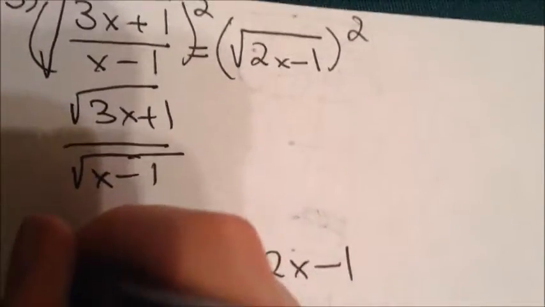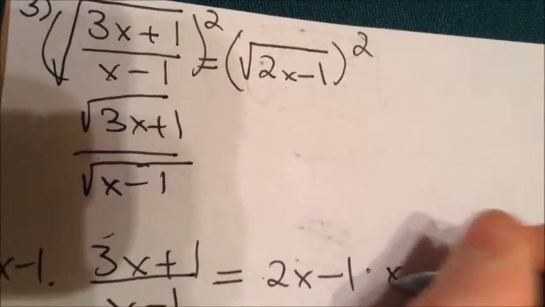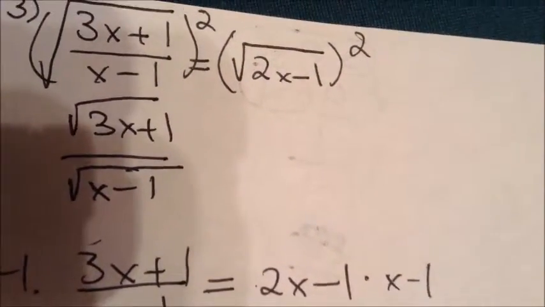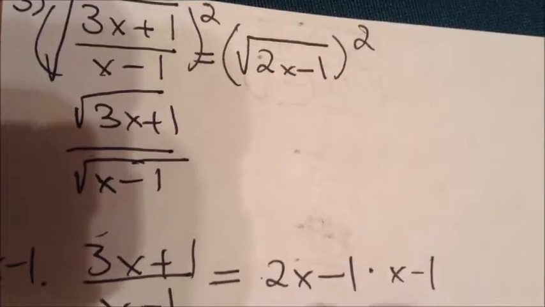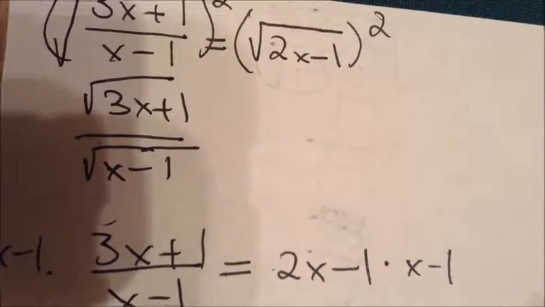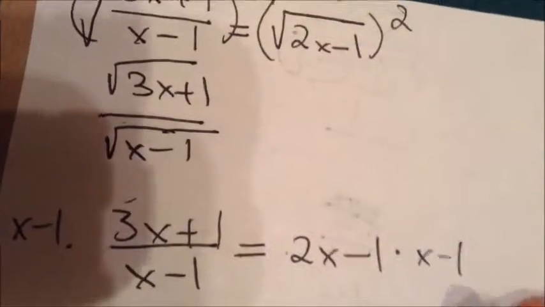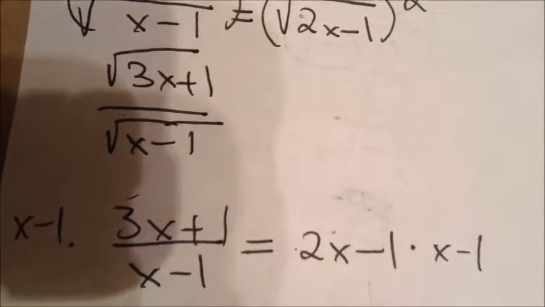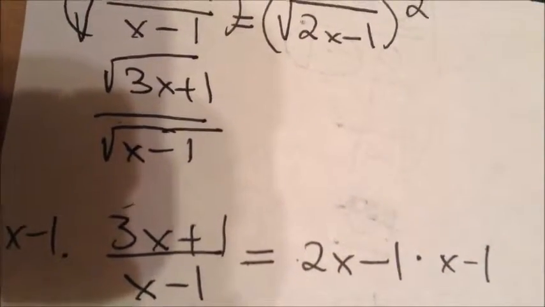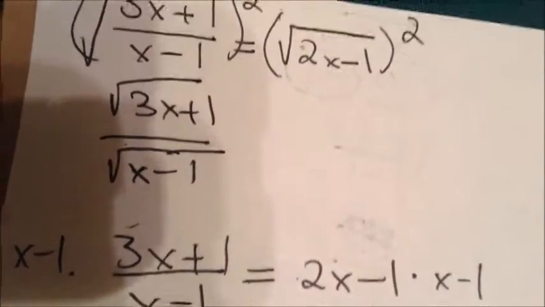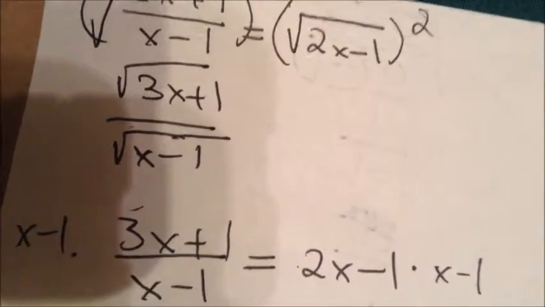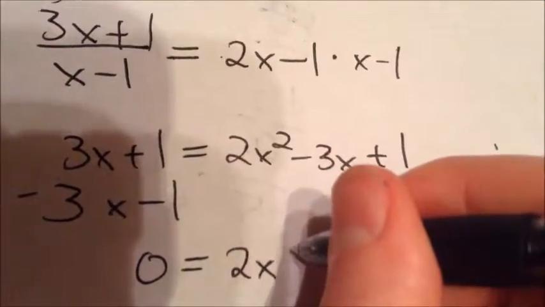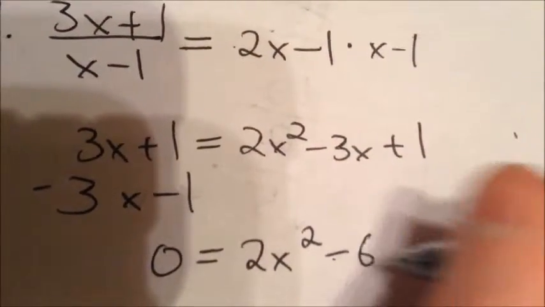So we take x minus 1 over to the other side. That leaves us with 3x plus 1 equals 2x squared minus 3x plus 1. Now we subtract 3x plus 1 and we get 0 equals 2x squared minus 6x.